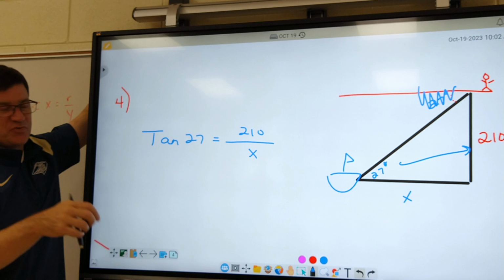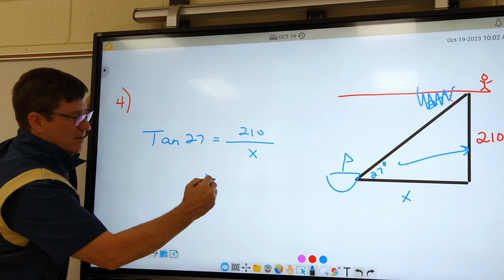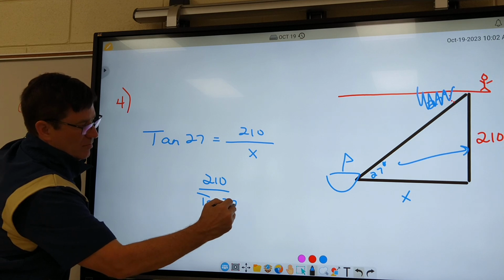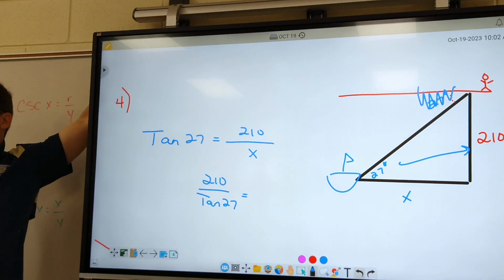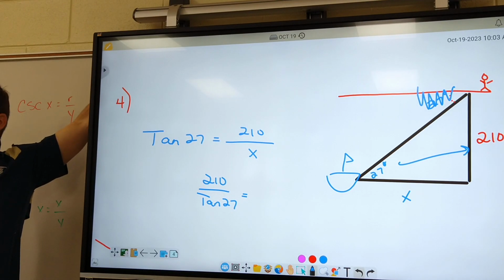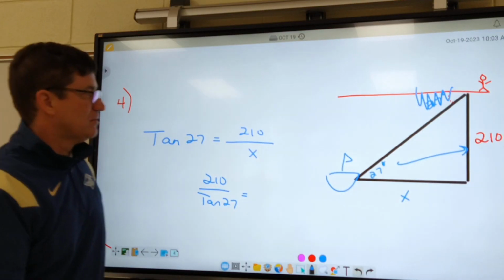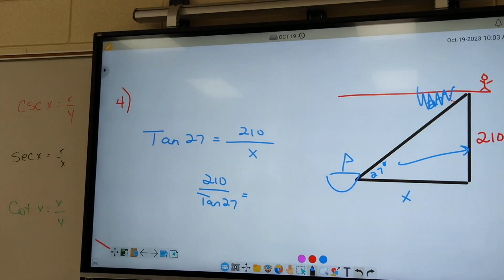But after you do all those 3 steps, all that's going to happen is 210 is going to be on top, tangent of 27 is going to be on bottom. So you don't do tan negative 1 on that because you cross multiply. So I'm showing y'all a shortcut when it's like that. Yeah, we was close. I did a number. All right, so we got 210 on top, tan of 27 on bottom.